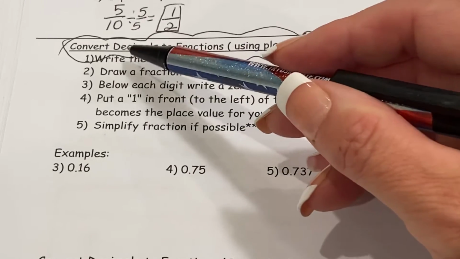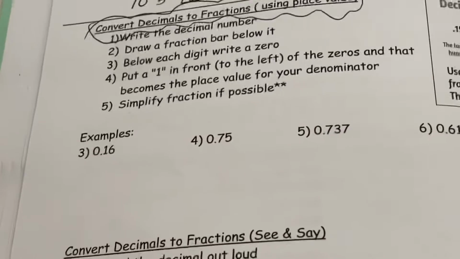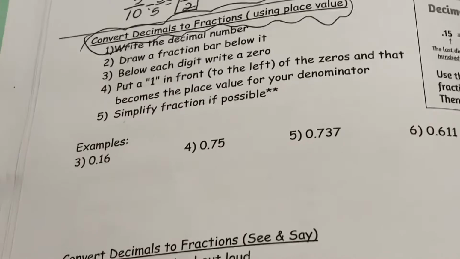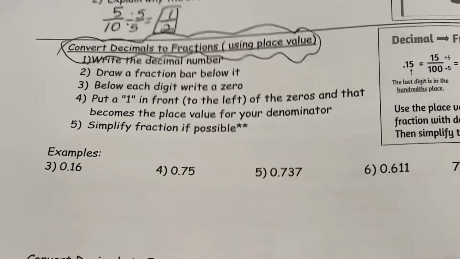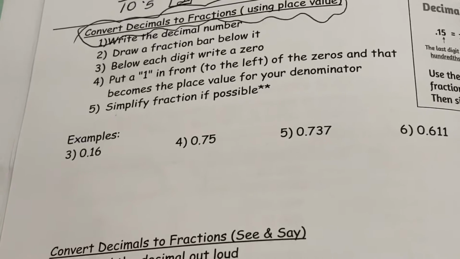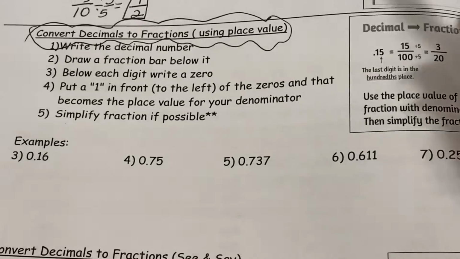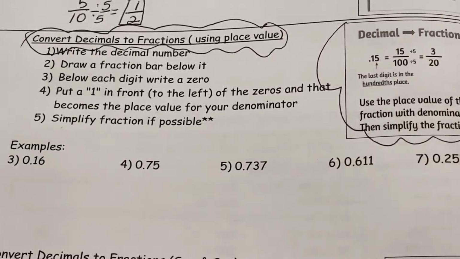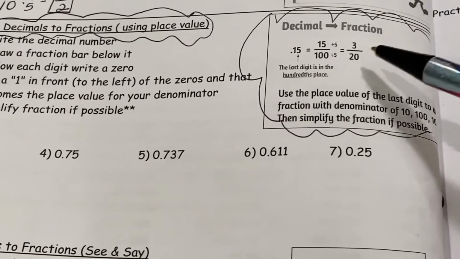I will always give you step by step how to follow the directions for everything that you're asked to do in math class, in your workbook. So whether you're in class, remote, at home, or absent, there will always be something here to hopefully help you. Now, when we see a direction bar here, I try to also give you a visual example so that you can see this here.